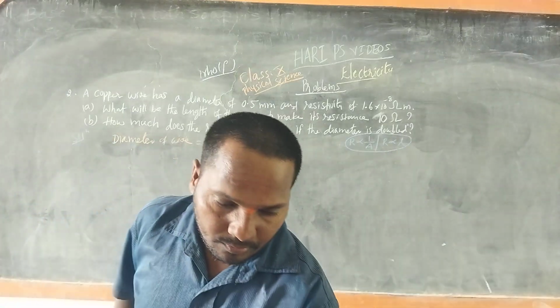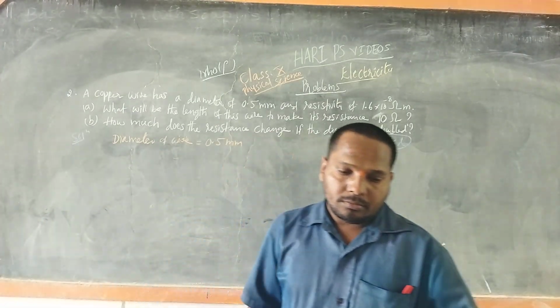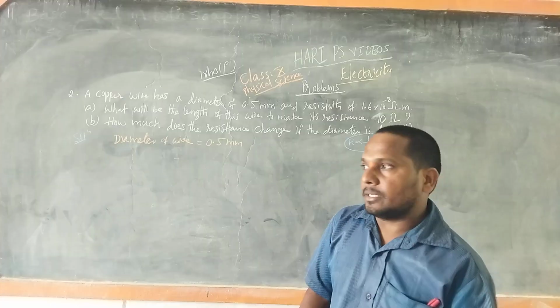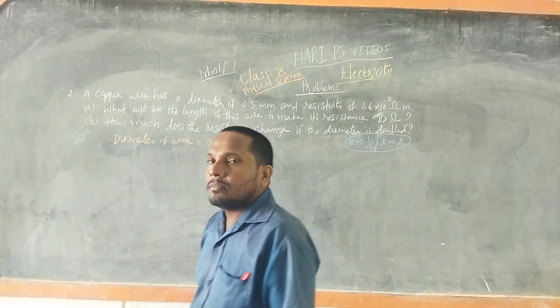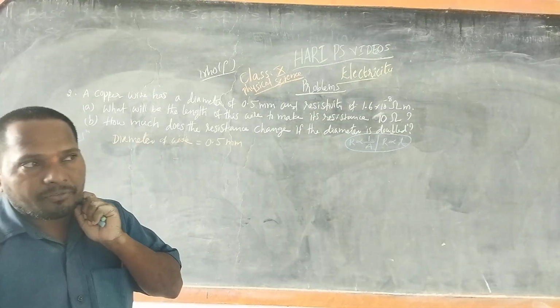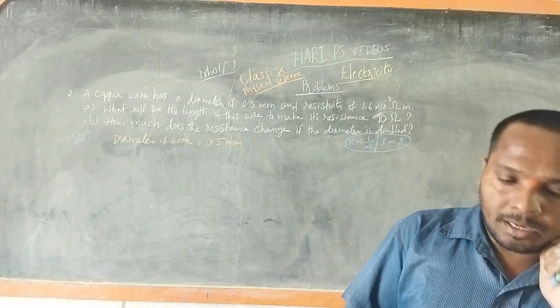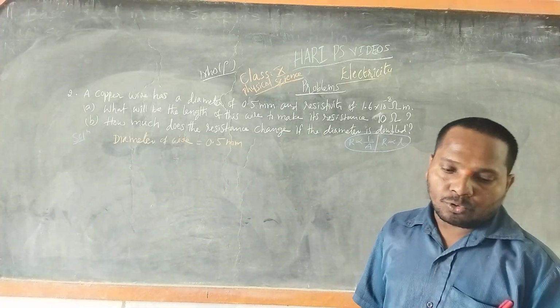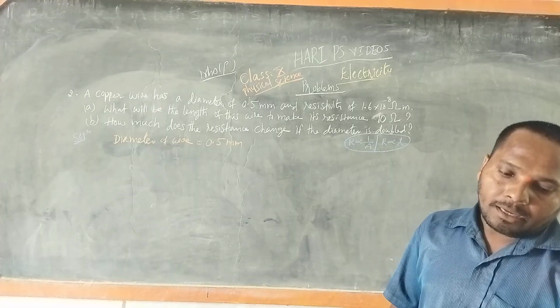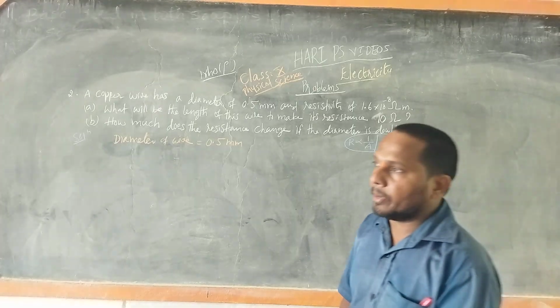Diameter is double the radius. So its radius r will be.